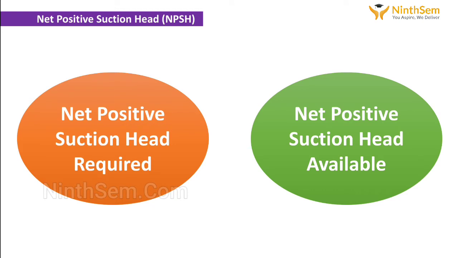So what is NPSHR? NPSHR stands for net positive suction head required, and NPSHA is for net positive suction head available. So let's discuss the difference between NPSHR and NPSHA.